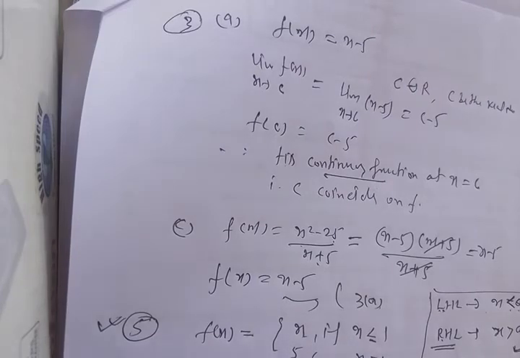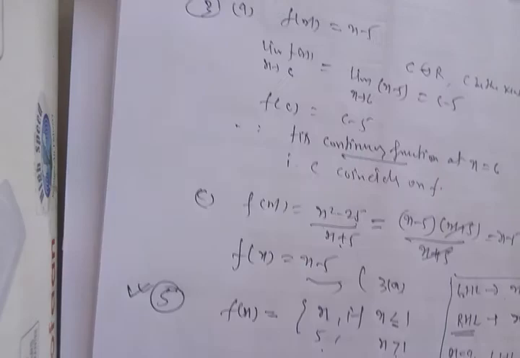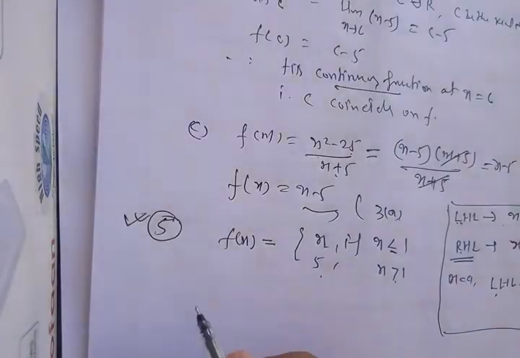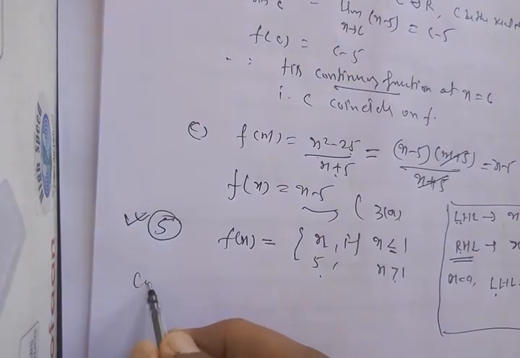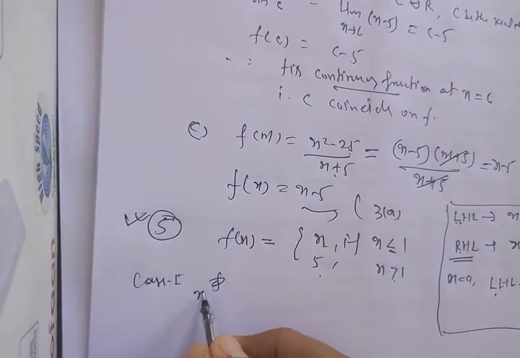Okay, a constant function is also a continuous function. So the definition point is very important. Clear. Next, let's make cases for this function. Case first: x is less than 1.